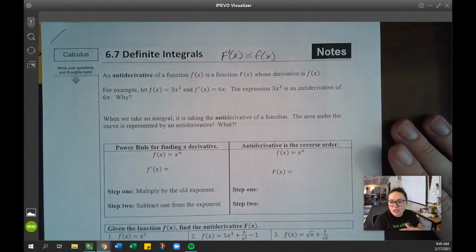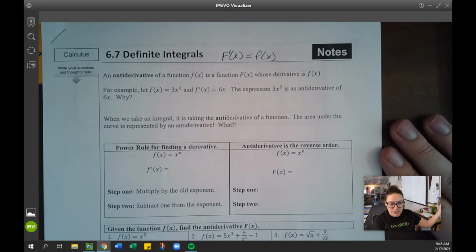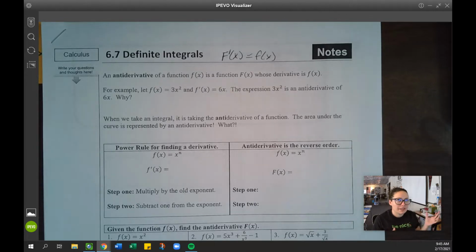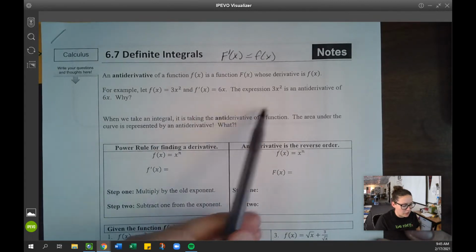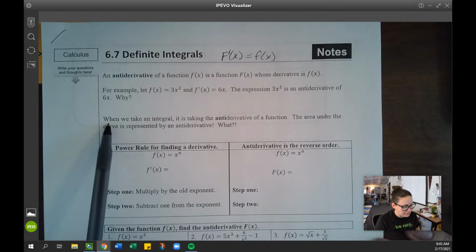Why is that? Well, we're just going the opposite direction, essentially. We're trying to figure out what function would have its derivative be the thing that we're looking at. So we're going the opposite way.